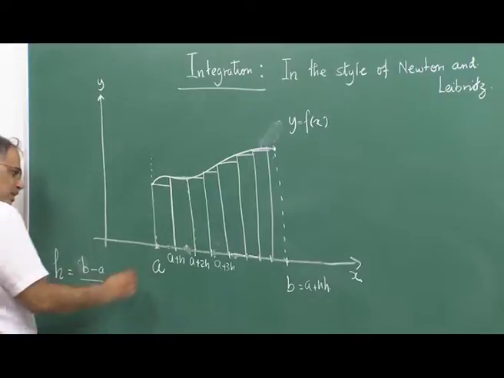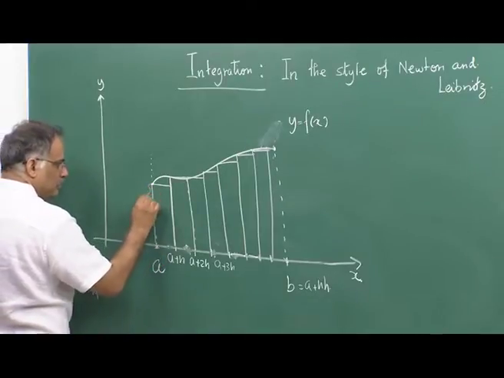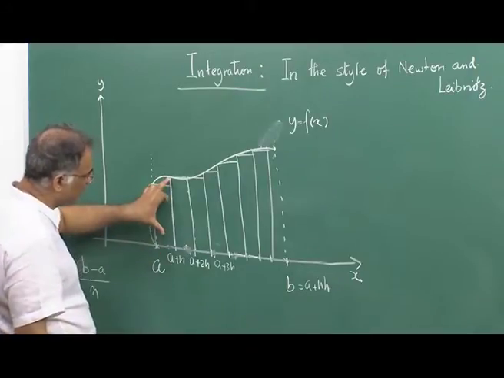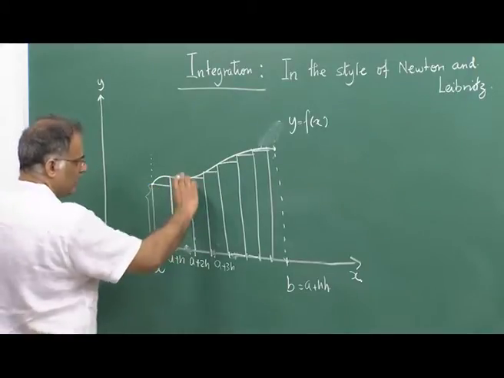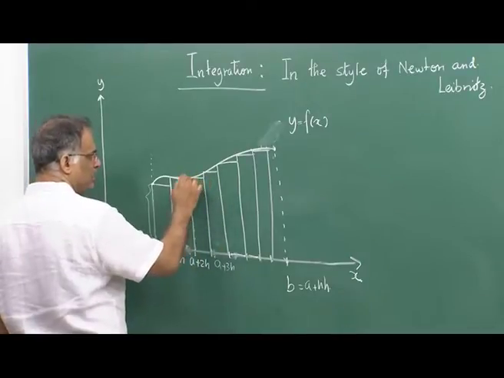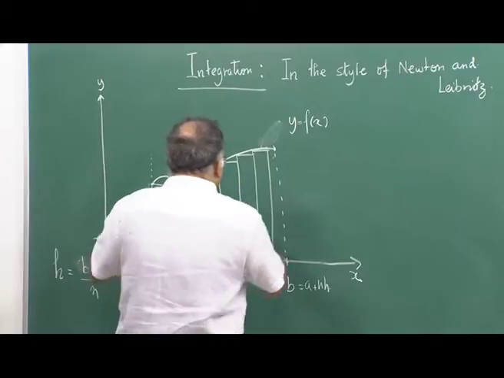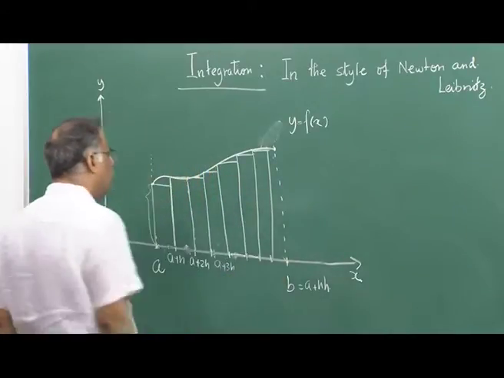So now what is the height of this rectangle? It is f of a. What is the height of this rectangle? f of a plus h. What is the height of this rectangle? f of a plus 2h. So when I club the areas, what do I have?